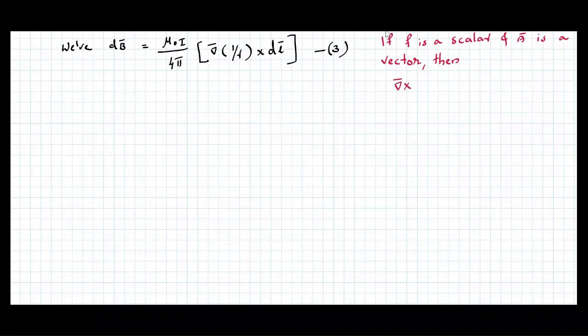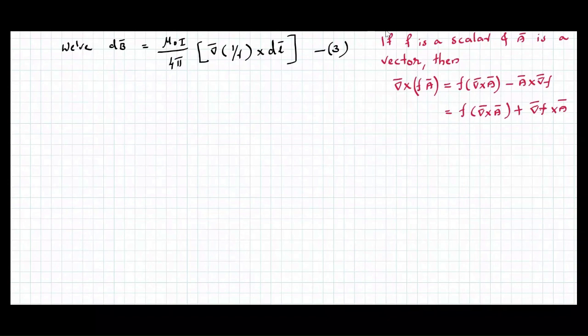That is, if f is a scalar and a is a vector, then what is del cross fa? Del cross fa can be written as f del cross a minus a cross del f. This can be written as f del cross a plus del f cross a.